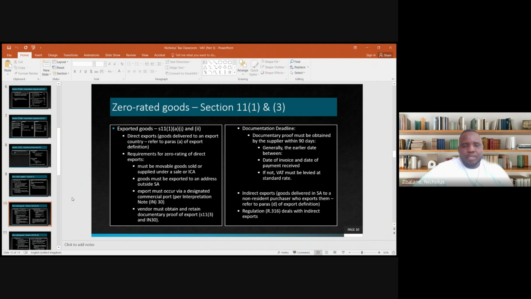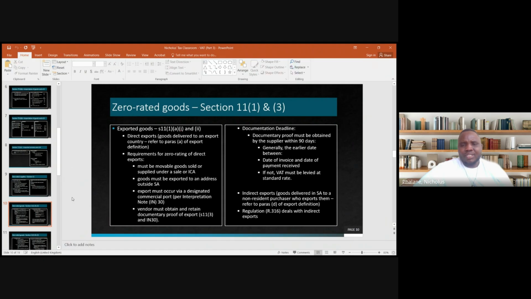So it doesn't come as a surprise that we are seeing this requirement to say the goods must be exported to an address outside SA, right? Export must occur via a designated commercial port, right? So this is in terms of interpretation note 30, right? The vendor must obtain and retain documentary proof of the export. So section 11.3 and interpretation note 30. All right.